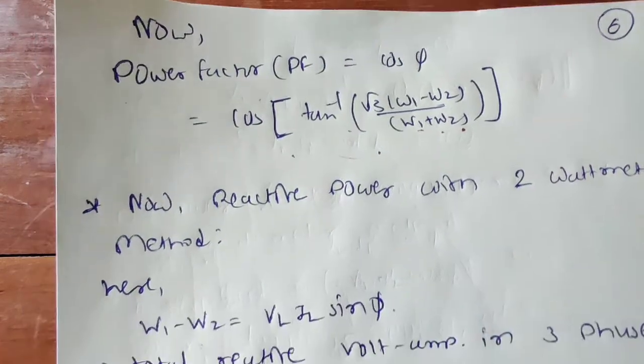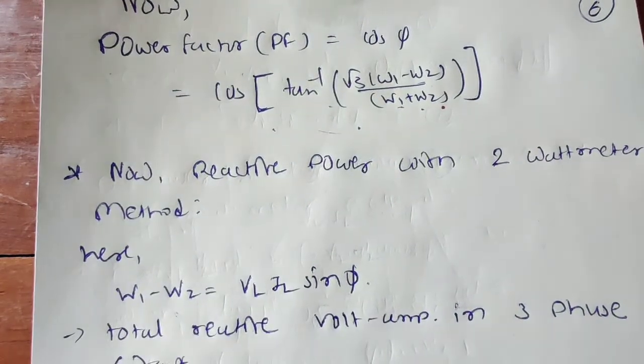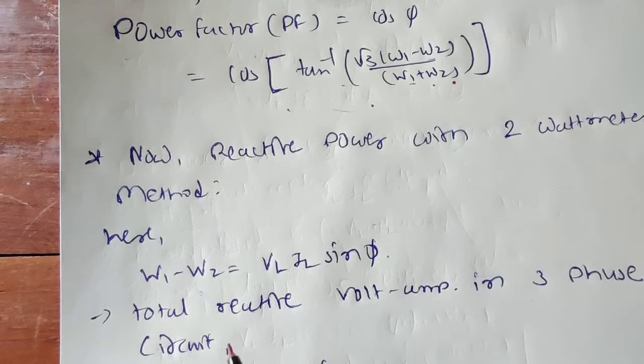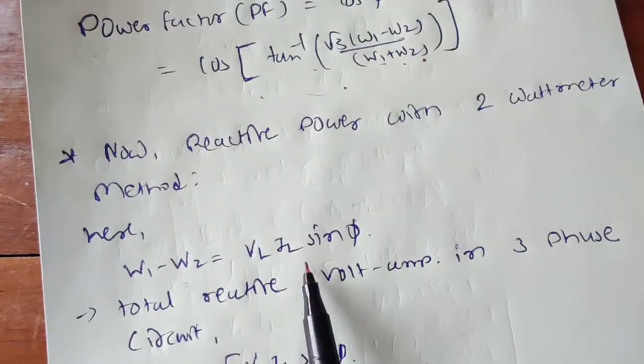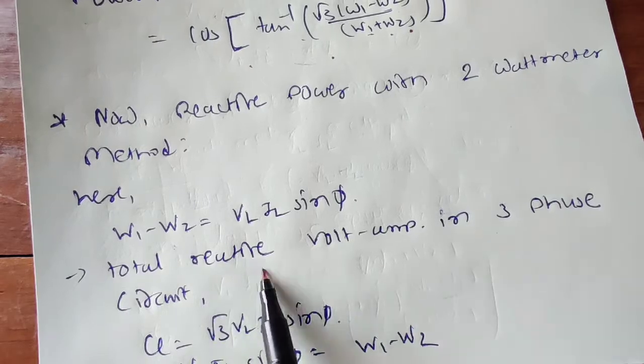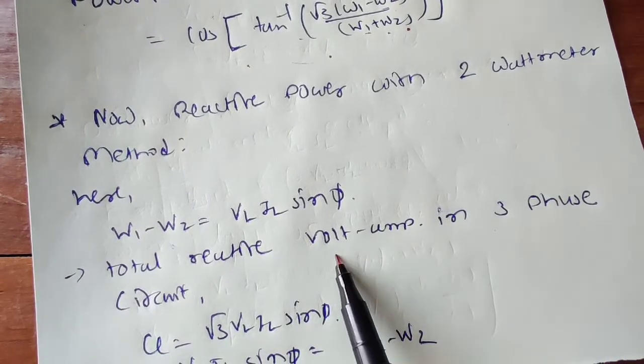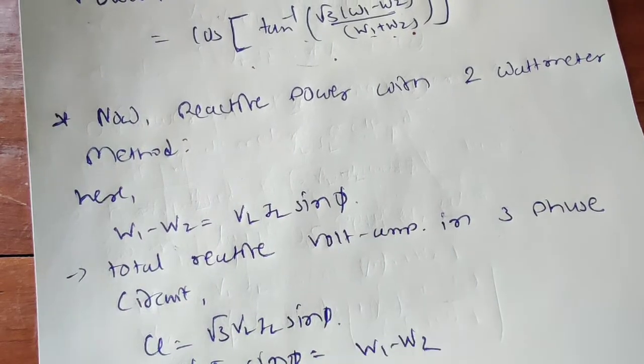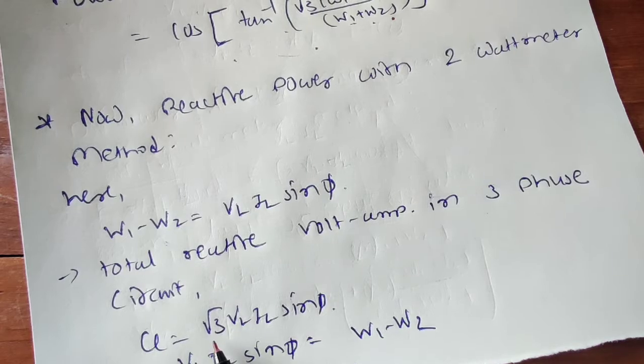Now the reactive power measurement by using the 2 voltmeter method. Here we know that W1 minus W2 is VLIL sin phi. The total reactive volt ampere in a 3-phase circuit, Q, is equal to root 3 VLIL sin phi.